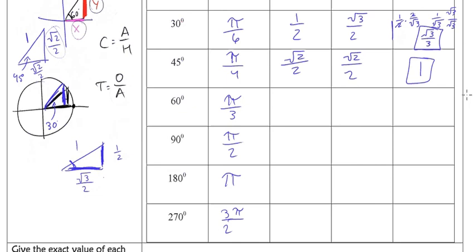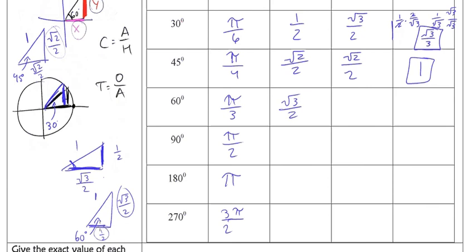All right, 60 degrees. 60 degrees really is this same triangle we talked about here, just now we're looking at it from a little bit different perspective with our reference angle being the 60-degree angle rather than the 30. So our cosine is the short leg, it's half of 1, so 1/2. And our long leg is times the square root of 3, so square root of 3 over 2. Sine is the y value, so root 3 over 2.